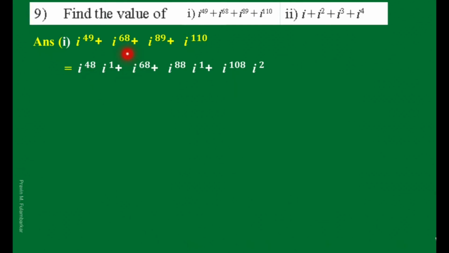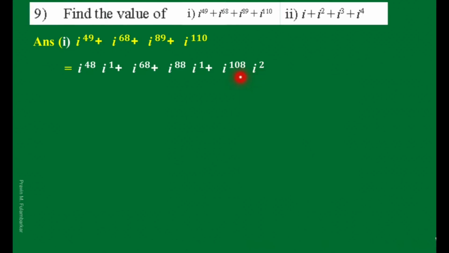This 68 is again a multiple of 4. So we keep 68 as it is. Then 89 we write 88 plus 1. So i raised to the power 88 into i raised to the power 1, because 88 is a multiple of 4. And this 110 we write i raised to the power 108 and 2.